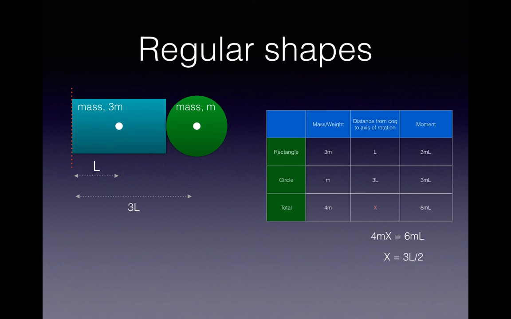So what we're going to say then is the sum of the moments equals the moments of the sum. The sum of the moments will be 6ml, and the moments of the sum, which is the moments of the compound shape, which will be the total mass multiplied by however far the centre of gravity of the compound shape is from the axis of rotation, will be 4mx. And that gives me 6ml equals 4mx. Solve for x, and I get 3l over 2. That says that the centre of gravity of the compound shape is a distance of 3l over 2 away from the axis of rotation.